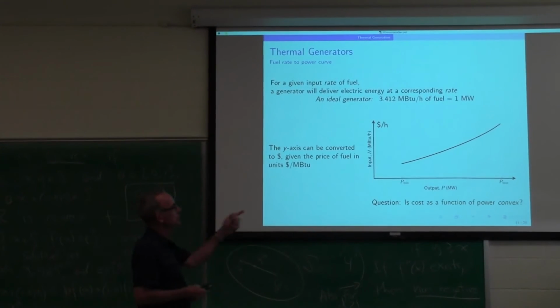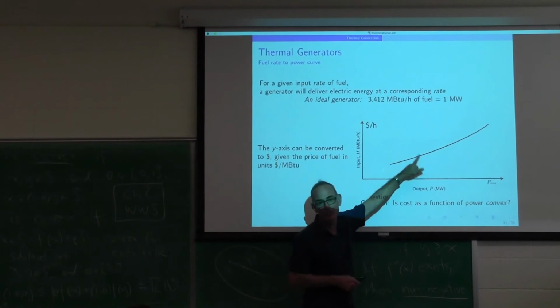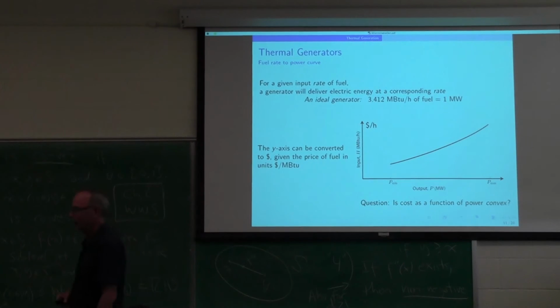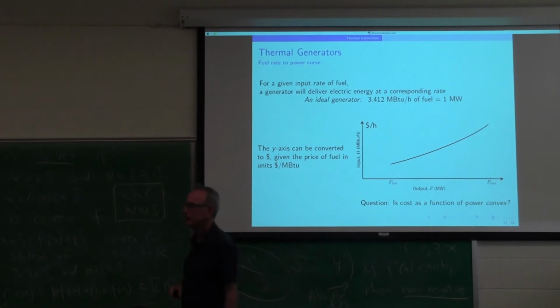It's defined to be 0 there, then infinity, and then convex. It causes issues, as we'll see. But if you assume all the generators are on, you've got a convex problem. If you assume that they're all operating in this range, then there's no problems. But you can't always assume that.